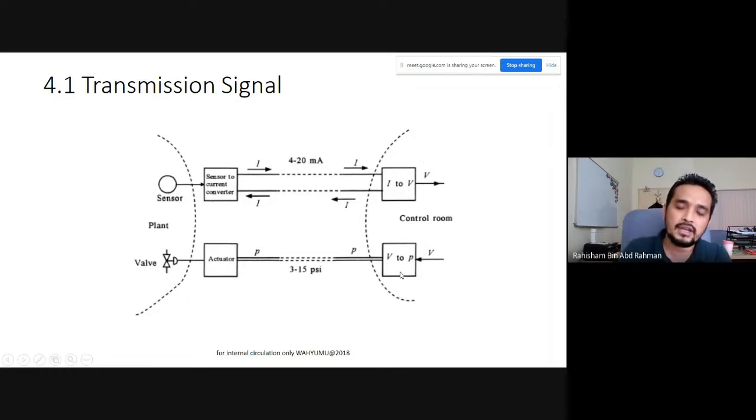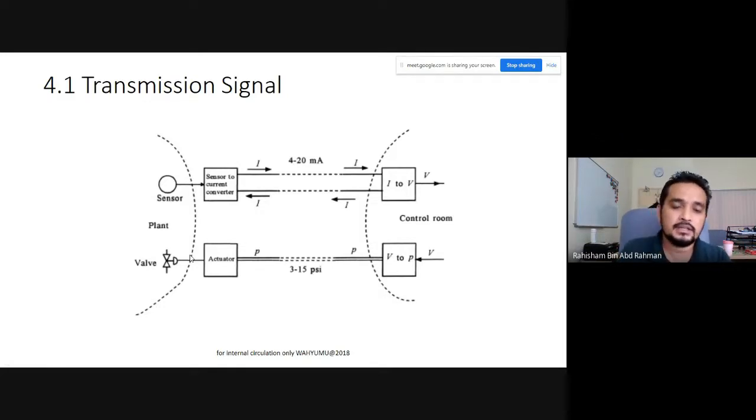If you can see here, for this temperature sensor, the variable parameter is the temperature. And if you look at the valve point, the variable parameter will be a pressure, for example, or flow, and so on.